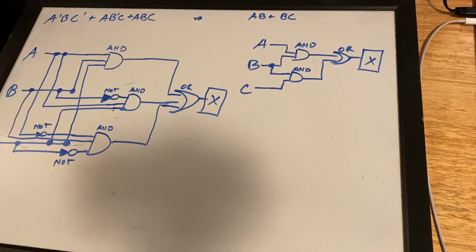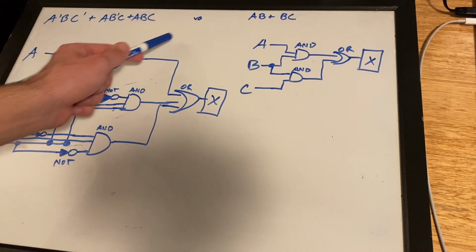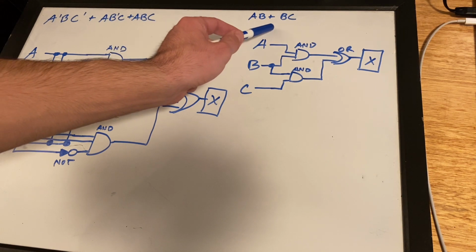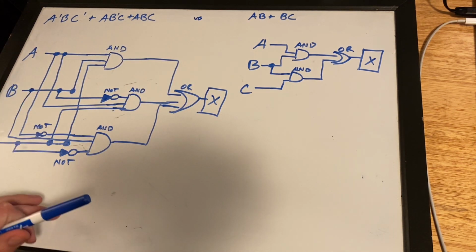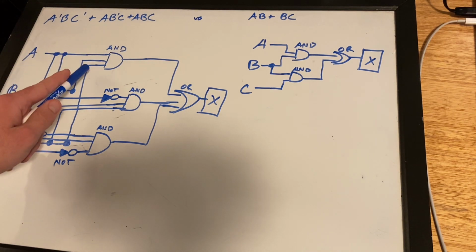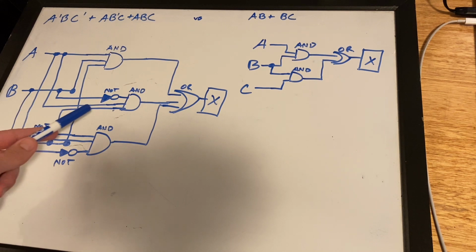All right, so we are back. I didn't really want to bore you with drawing out my circuit, so here we are. We have our first equation, which is much more complex, versus our AB or BC. So let me walk you through my circuit first. This is going to be our ABC in an AND, of course.